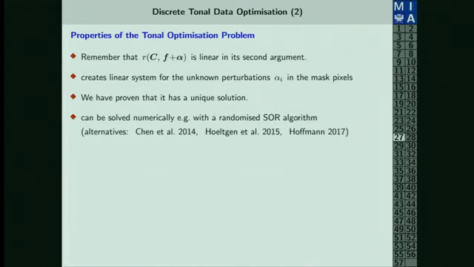So essentially you have to solve a least squares problem. You can do this, for instance, with a randomized SOR algorithm which just selects the pixels, optimizes them, and selects randomly the next one. You can also do much more refined things here in later papers. They give rise to faster algorithms, but they don't change the quality. It has a unique minimizer.